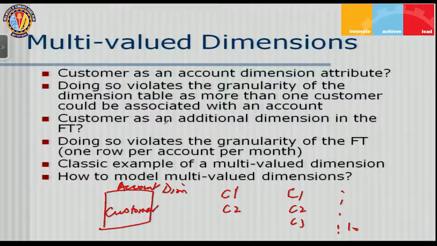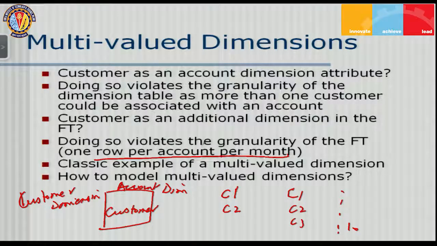What about customer as an additional dimension in the fact table? Now I'm saying that I create a new dimension called the customer dimension. If I do this, it violates the granularity of the fact table, because there is only one row per account per month.